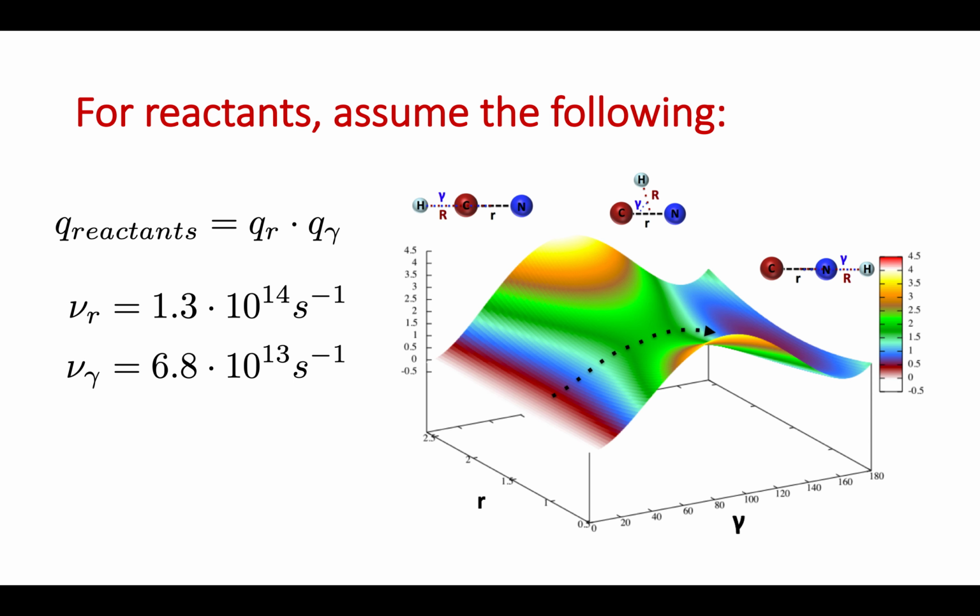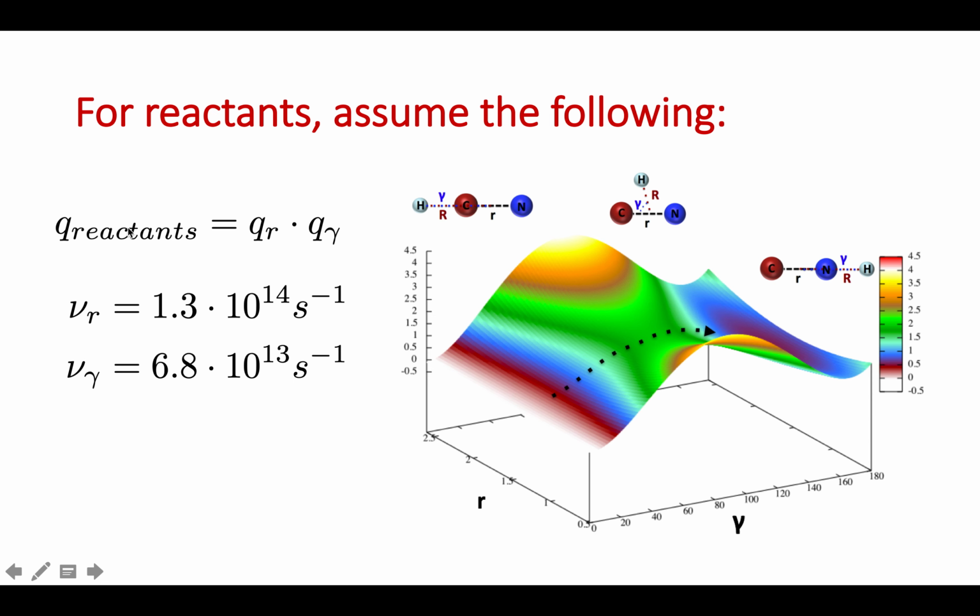I'm going to assume further that the distance between hydrogen and the center of mass is not important, so it does not contribute to the partition function. In essence, we need to calculate the partition function for the CN bond length, which we'll call Q sub r, and the partition function for the bend, which we'll call Q sub gamma, for the reactants.